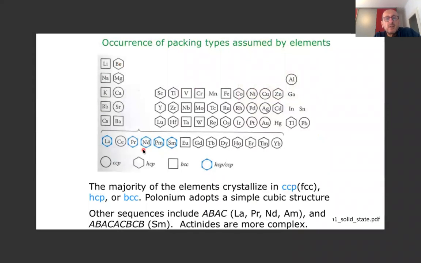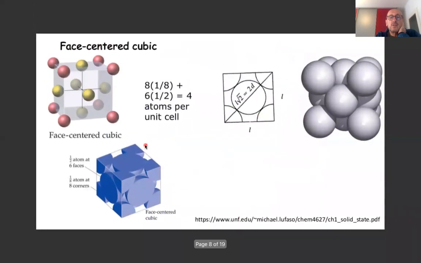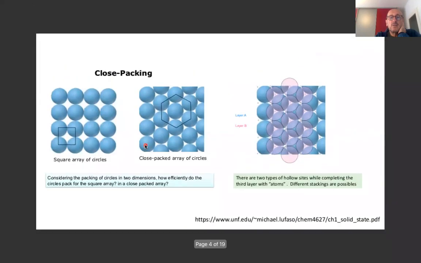This guy beryllium here is HCP, which is hexagonal close packed, that is the acronym for HCP, and corresponds to whatever I showed you before in the first view graph, this guy.